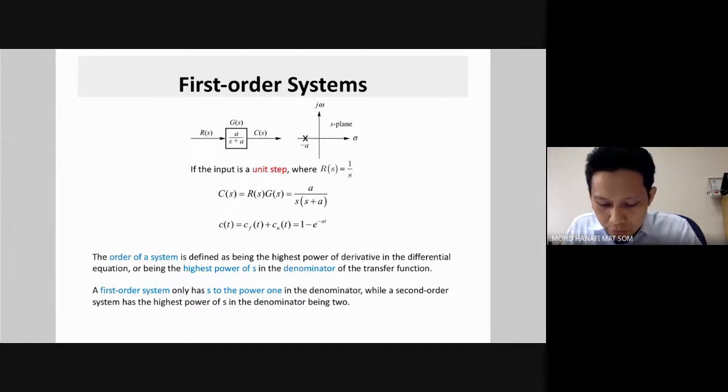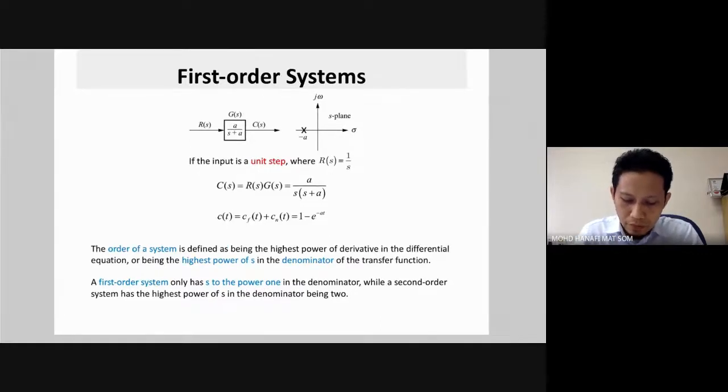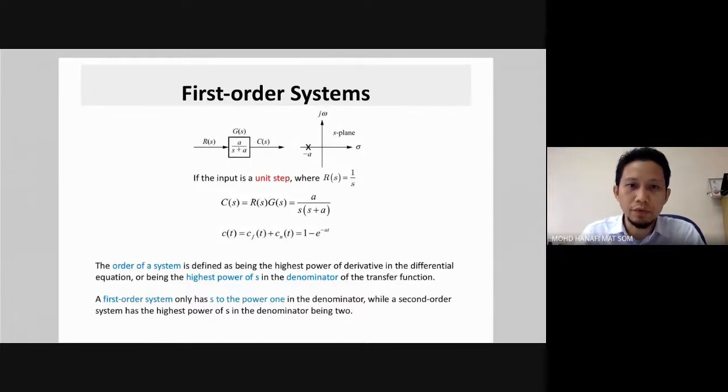And then we come to the first order system. We have first order systems and second order systems. For the first order system, let's say we have a system G(s) equals a over s plus a. If the input is a unit step, where R(s) equals 1 over s, the output C(s) equals R(s) multiplied by G(s), which is a over s plus a.